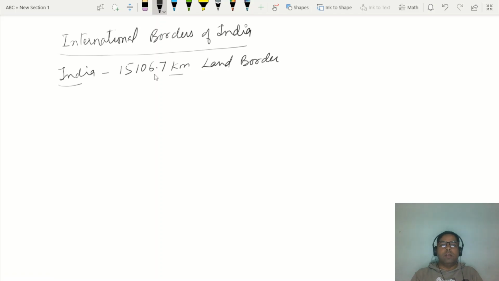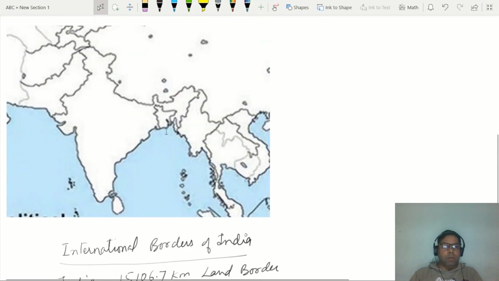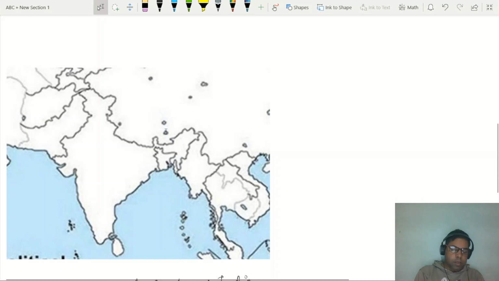Land border in the sense that here we can see in the map, this border which has been formed starting from Rajasthan to Bangladesh. So this whole border is 15,107 kilometer, right?